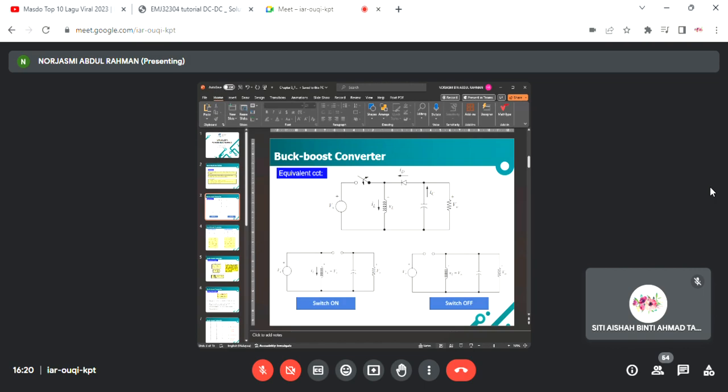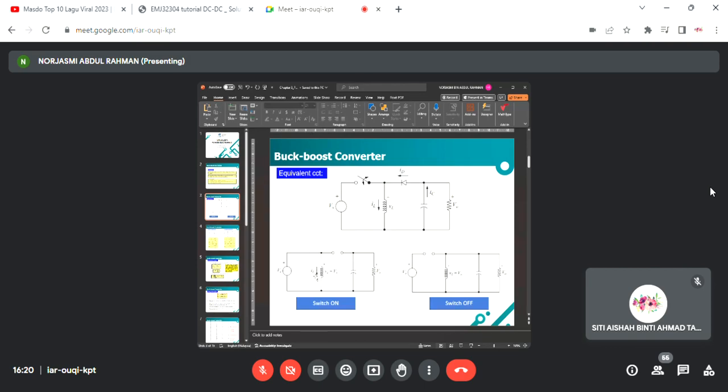As usual, there are two modes of operation: during the switch on and during the switch off. During the switch on, the inductor is connected directly to the voltage source, and the diode is in reverse bias. So it is an open circuit for the diode, and the current will flow into the inductor.